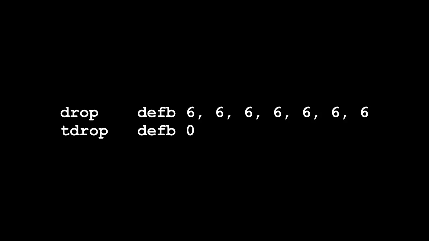It'll make sense a little bit later. It was just a convenience for me to create this temporary variable location that I could use. So when you see the code that we're going to create, you'll see how tDrop is used to overcome a particular hurdle. Okay, that's all the variables we need.